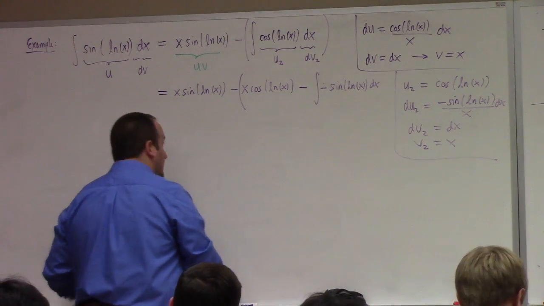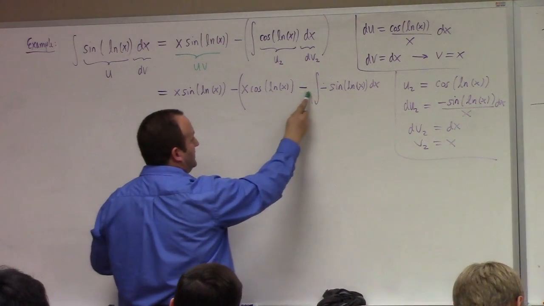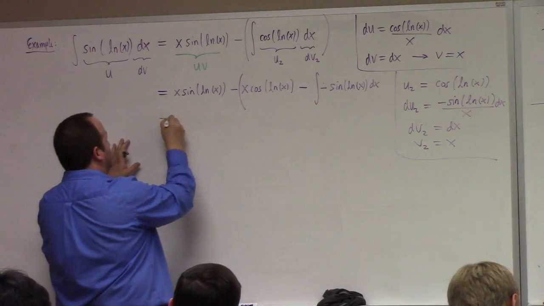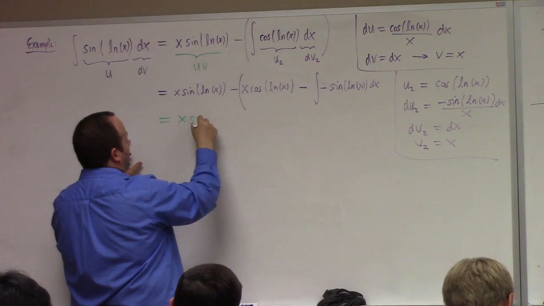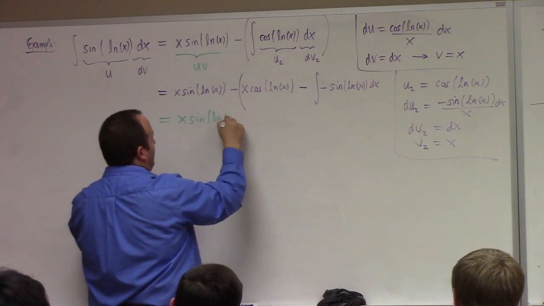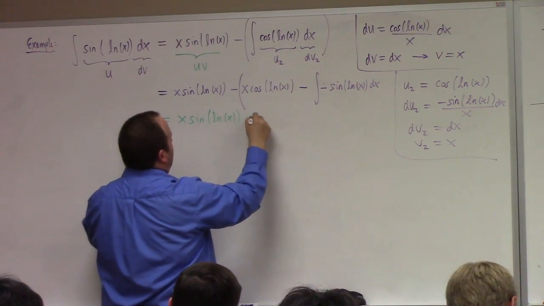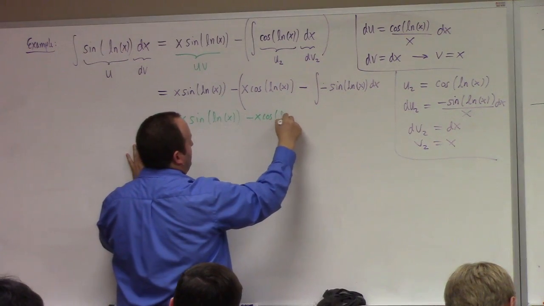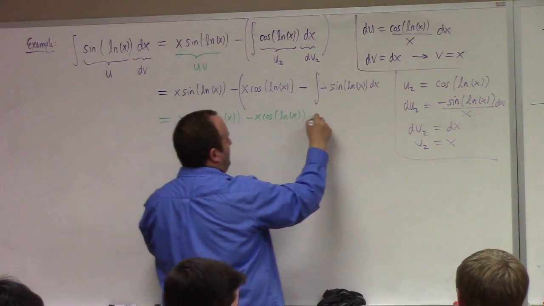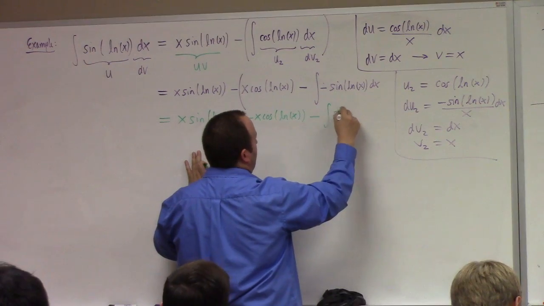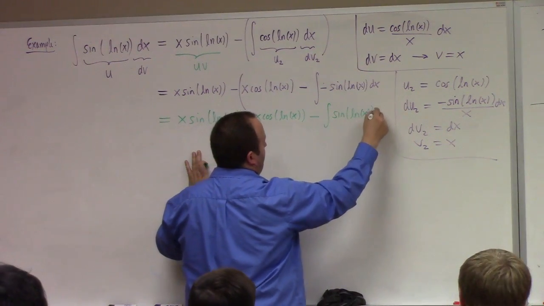Count them. One, two, three. Let's see here, x sine log x minus x cosine log x, and then minus the integral of the sine of the log x dx again.